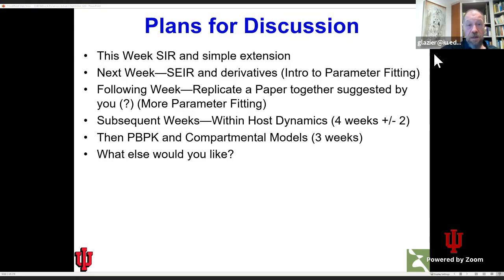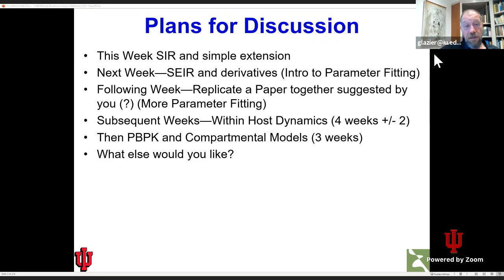You could add a fourth compartment, which is probably even better for COVID, which is SEI1, I2 or Q, and then R and S, in which case you're susceptible, you're exposed but non-infectious, you're infectious and feeling okay, so you're running around infecting other people, and then you're quarantined and still sick.